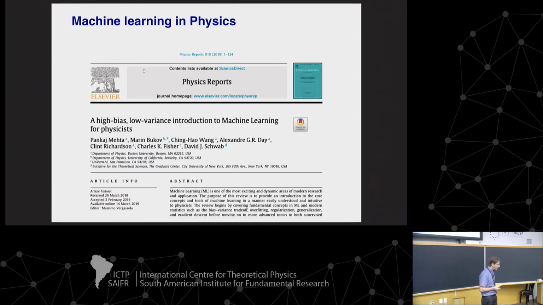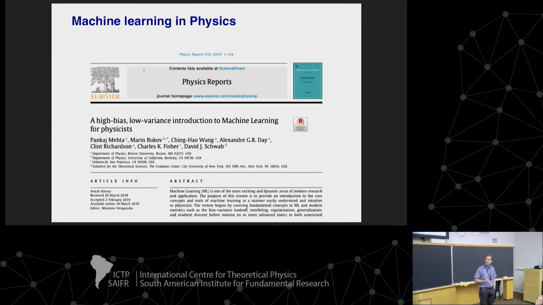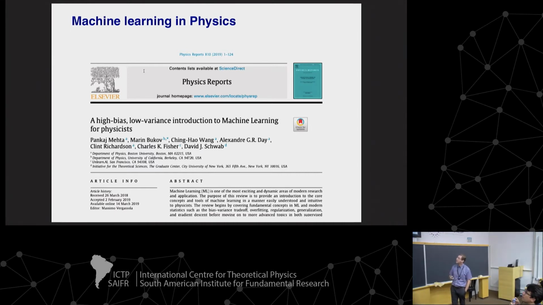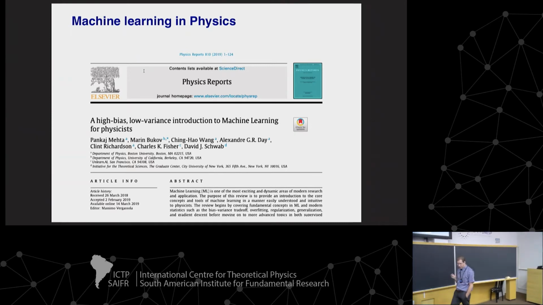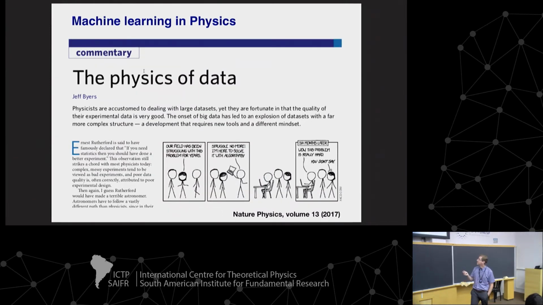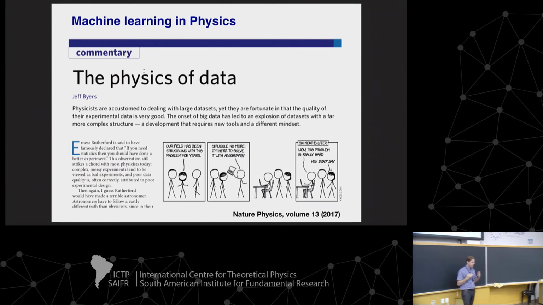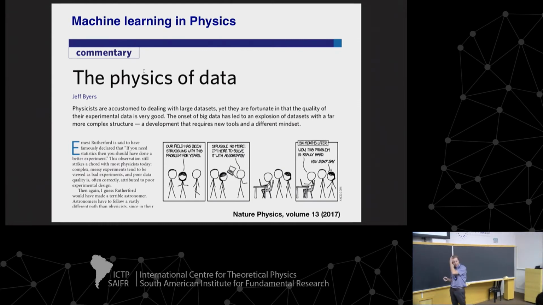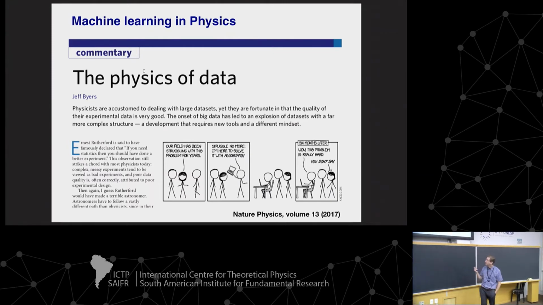Machine learning has been applied in physics. For instance, this is an important review published this year in Physics Reports. You can see that machine learning can be used in many physical applications. For instance, this is a paper published in Nature Physics in which people discuss how important machine learning will be in physics, because machine learning is typically used in computer science and data science, but in physics, people have been using it for only about 5 years.